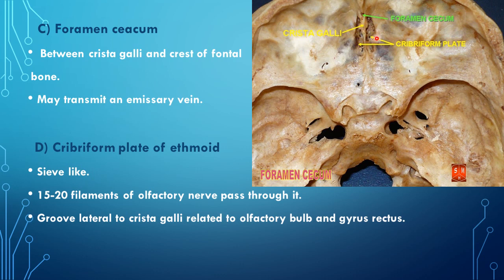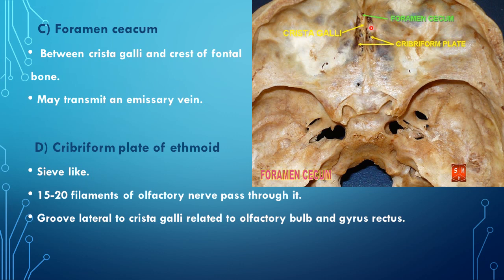Another feature is the cribriform plate of ethmoid. We had mentioned in the previous slide that this bone here is a cribriform plate of ethmoid, and crista galli is a part of the cribriform plate of ethmoid. Now you can see multiple openings here on the cribriform plate. It is called cribriform because of the multiple openings which give a sieve-like appearance.